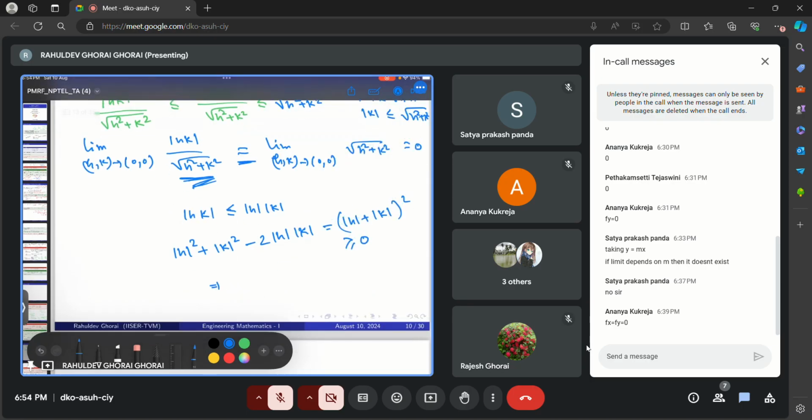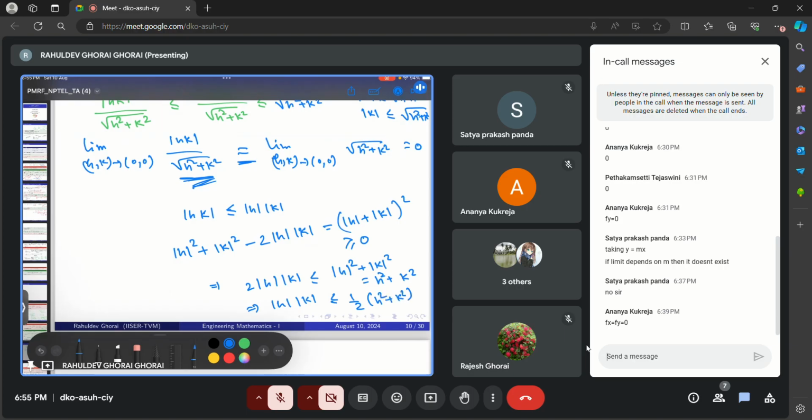That implies 2 times |h| |k| is less than or equal to |h|² + |k|², that is nothing but h² + k², because they are real numbers, right? That implies |h||k| is less than or equal to half times (h² + k²) also.